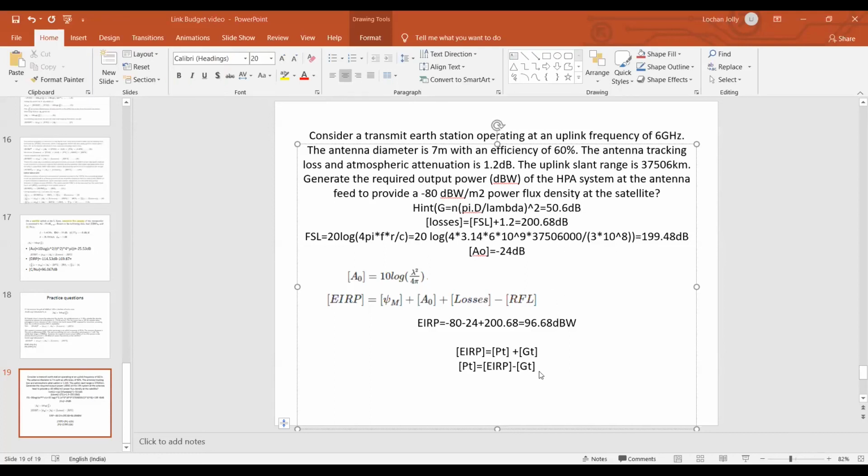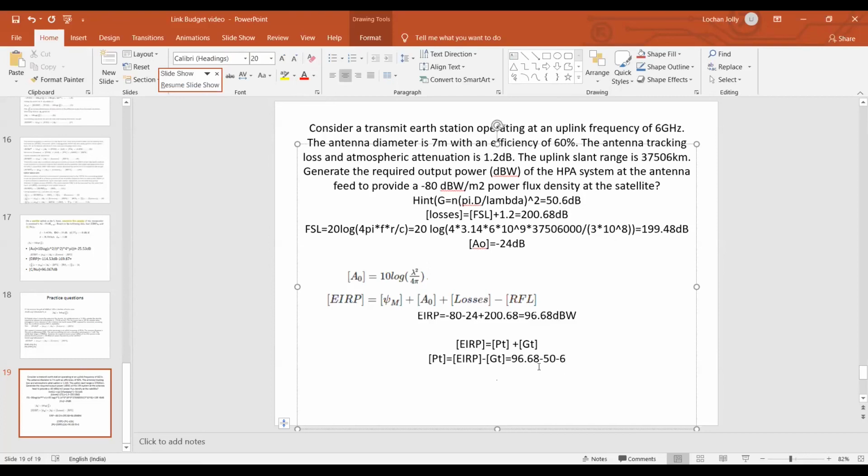So your power PT is equivalent to 96.68 minus 50.6, which comes out to be 46.08.